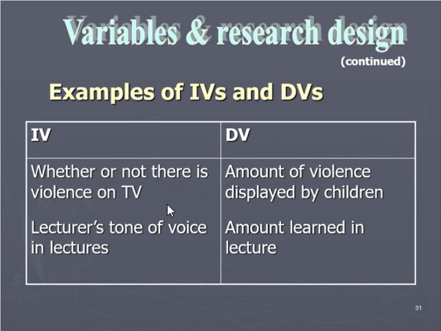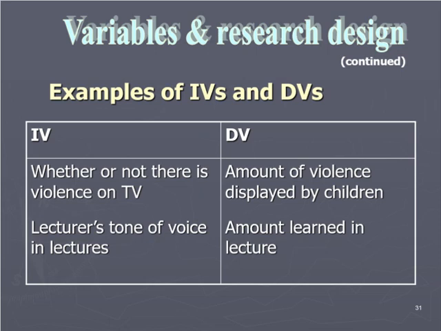The amount of violence displayed by children. Now, dito, instead of whether or not there is violence on TV, I think it's more relevant if we look into the degree of violence found on TV. Ayun na lang, mas maganda.